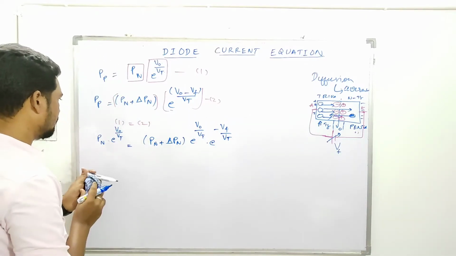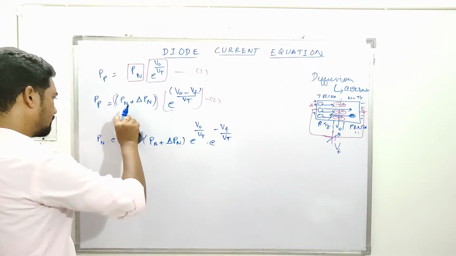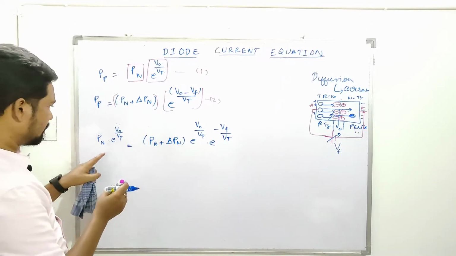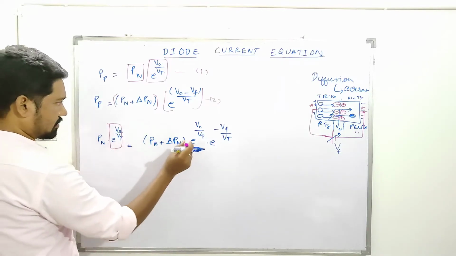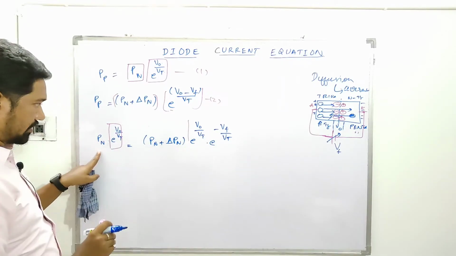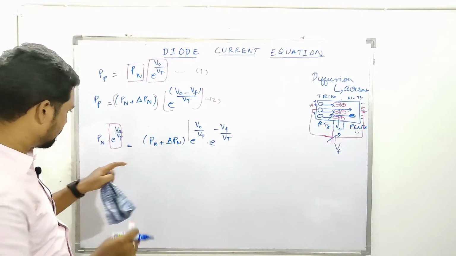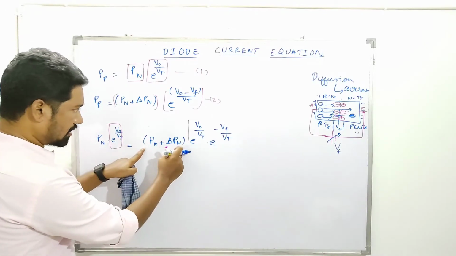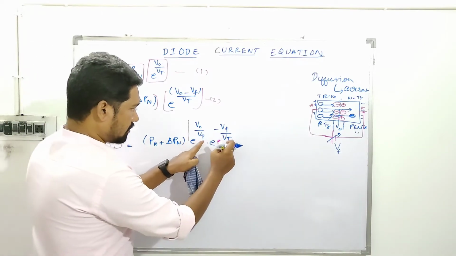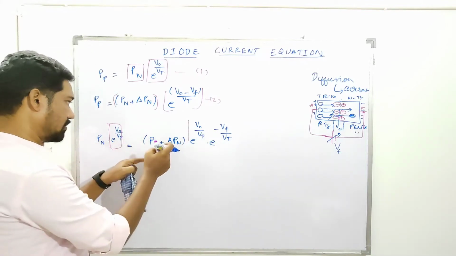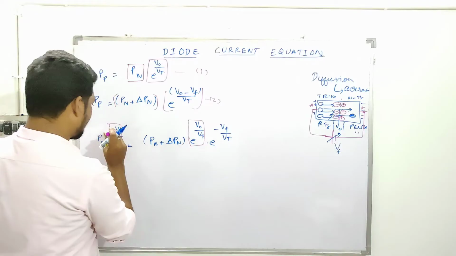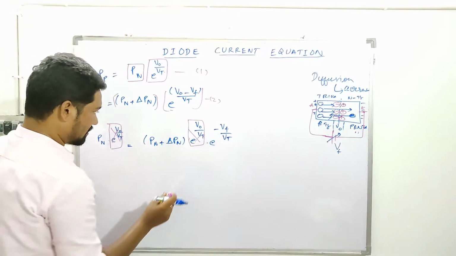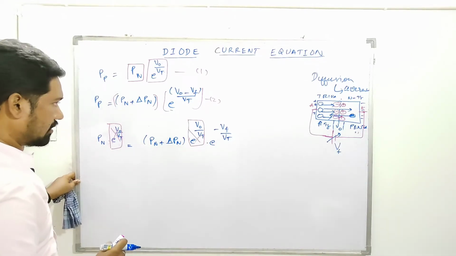Something gets cancelled in this expression, guys. e raised to V_0 upon V_T gets cancelled. There was a question: how can that be cancelled with this one? No, it's one product, one term into this, so in that way it gets cancelled. So these two on either side, we don't have this anymore.